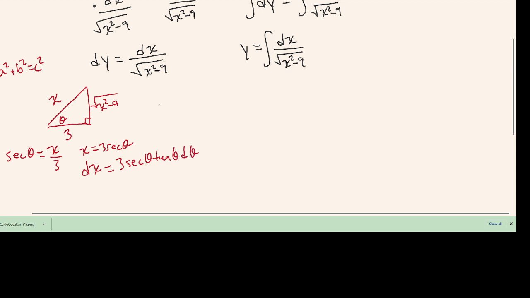Now we can plug that into our integral. So what we'll get is y is equal to the integral of our dx, which is now 3 secant theta tangent theta d theta, divided by the square root of x squared minus 9, where our x is 3 secant theta.